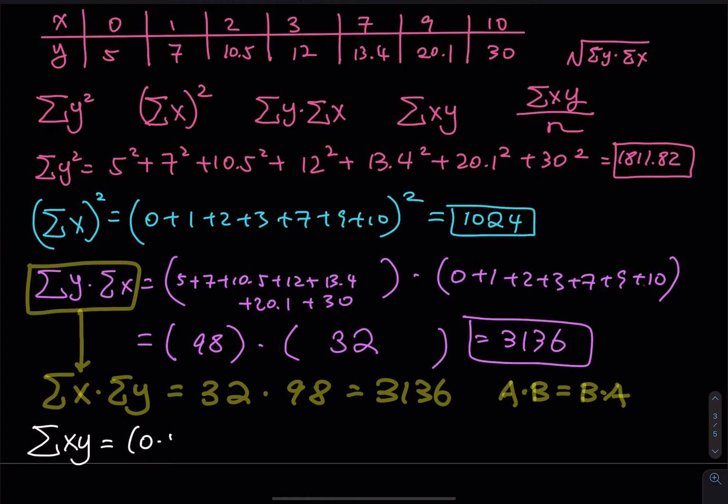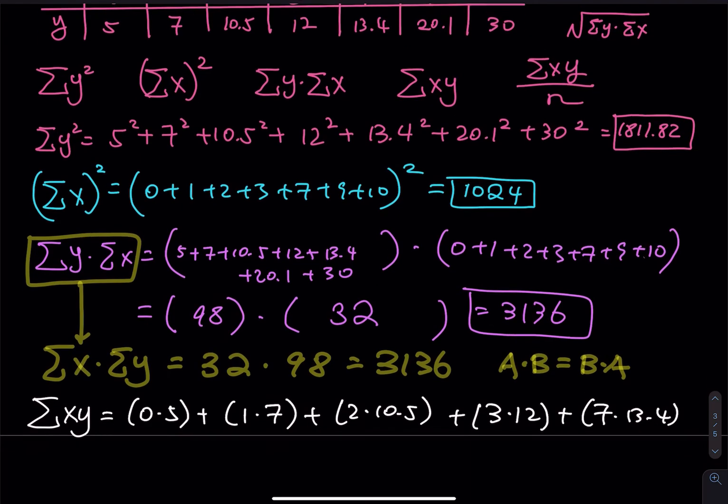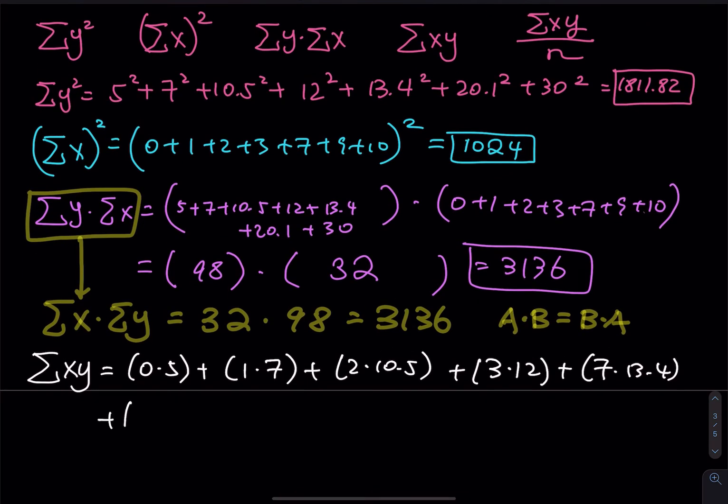So 0 times 5 and then plus 1 times 7, and then plus 2 times 10.5 and then plus 3 times 12 and then plus 7 times 13.4. So I have to move up so you don't see the data again, and then plus 9 times 20.1 and then plus 10 times 30.